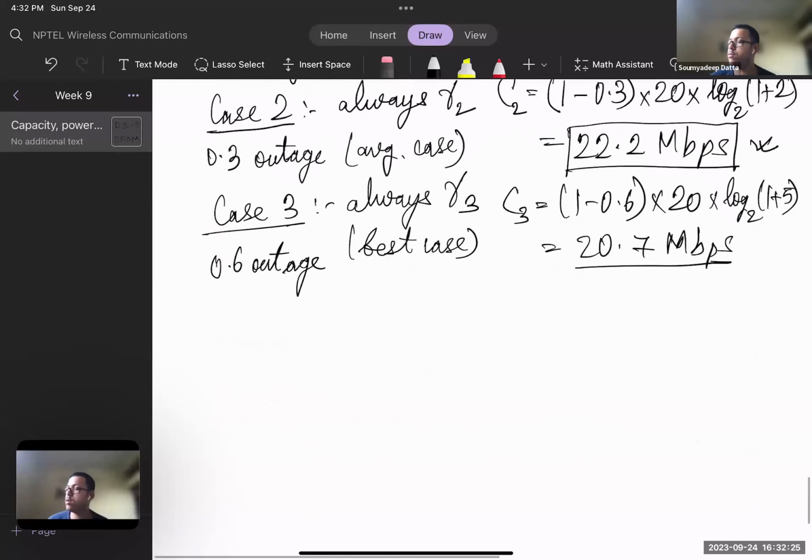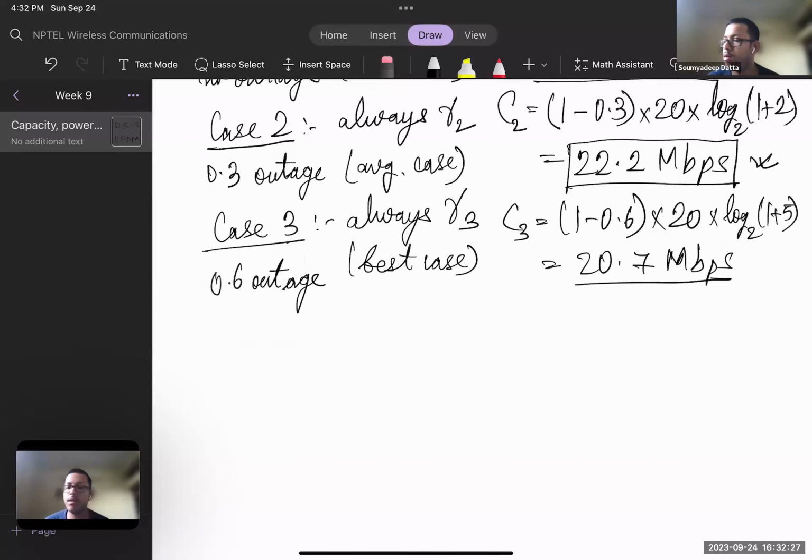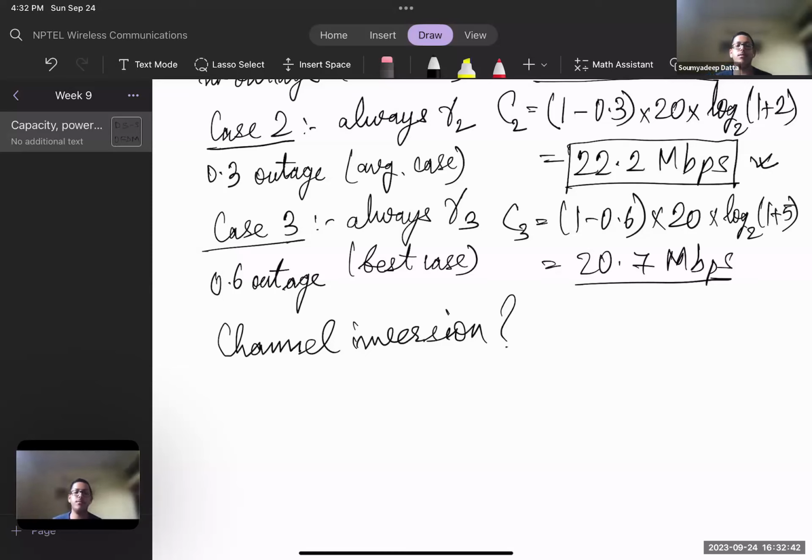And now there comes a fourth method, which is channel inversion. Essentially, we know the channel, and we just invert it.